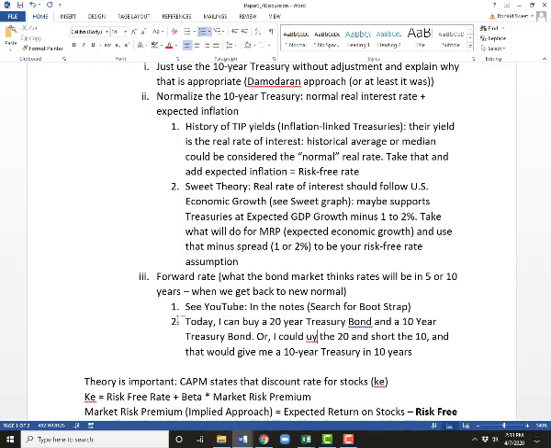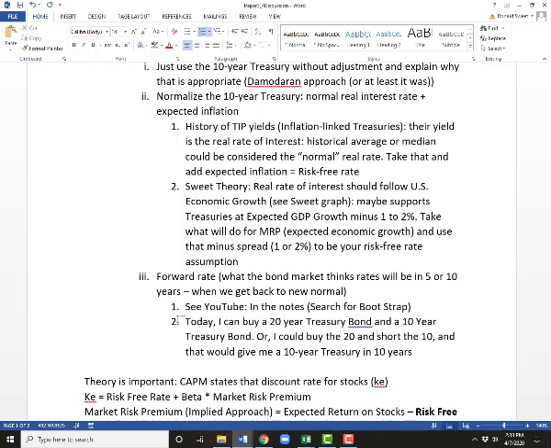So essentially the bond market is telling us today what they think future interest rates will be, because you could do this trade. You could buy one longer term treasury and short a shorter term treasury, and you will get the 10-year treasury. It's a little confusing because we're talking about the 10-year treasury in 10 years.